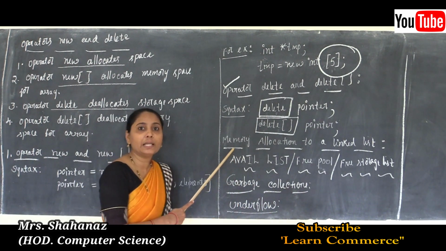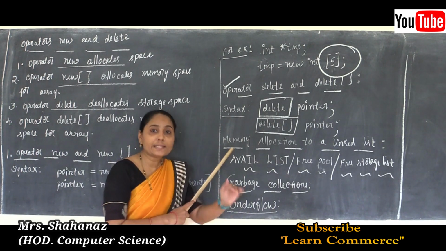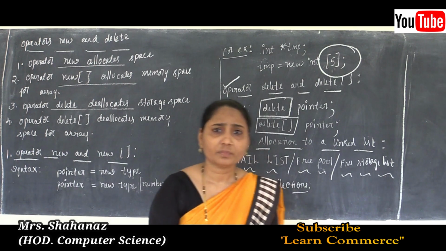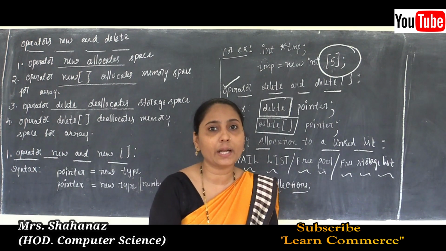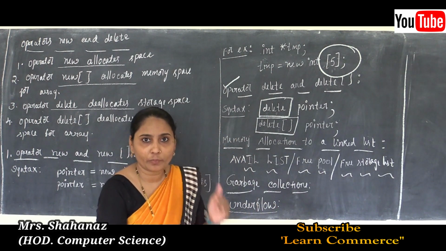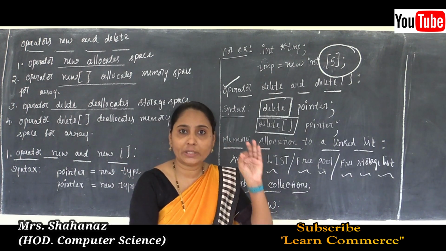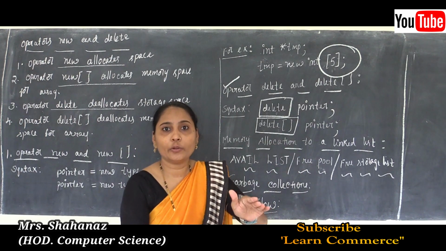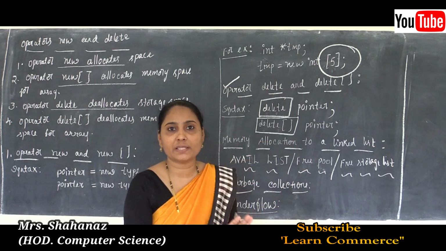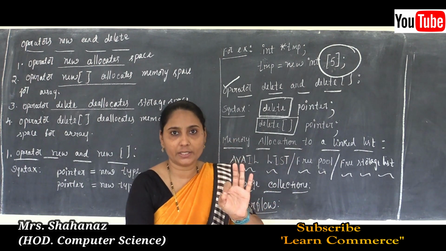That means the deleted node should be inserted into the linked list. So the operating system of the computer maintains a special list. Whatever node is deleted from the linked list is stored in one space. The name of this space is the avail list.